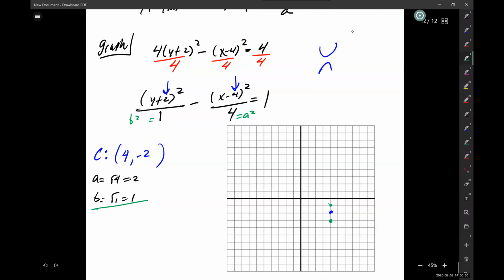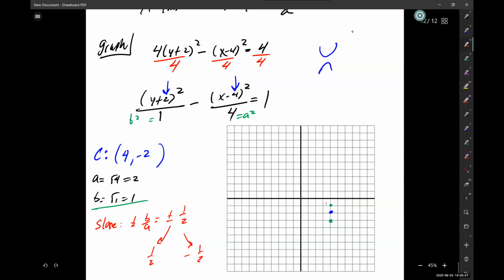So for the slope, I said I was going to do it in red. Once again, that's plus or minus b over a, which in this case is going to be plus or minus 1/2. So my two slopes are 1/2 and negative 1/2.